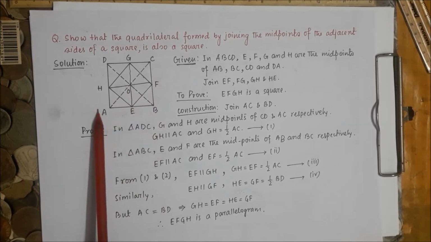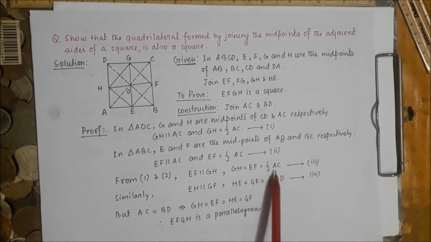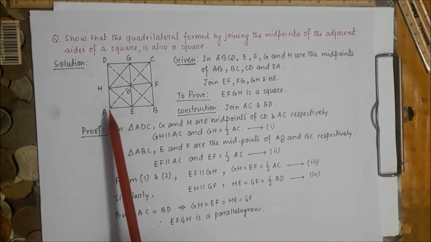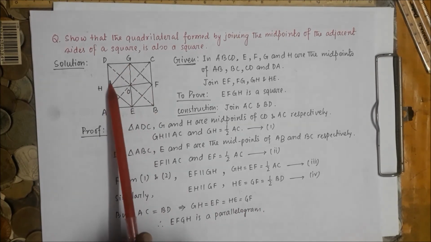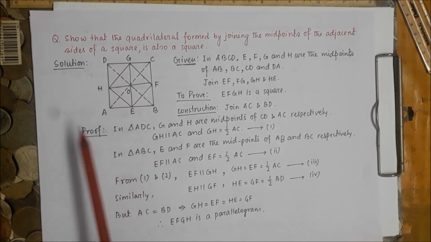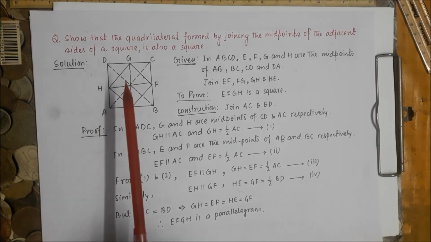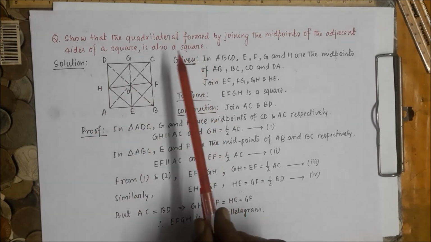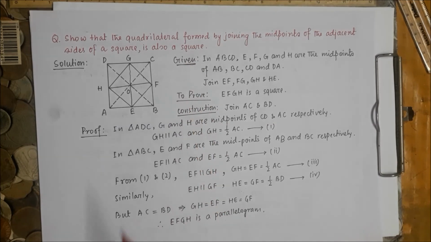So therefore, AC equals BD. If AC and BD are equal to each other, that means these four sides are equal to each other. That means EFGH is a parallelogram. Now once it becomes a parallelogram, the next task is to prove that it is a square.